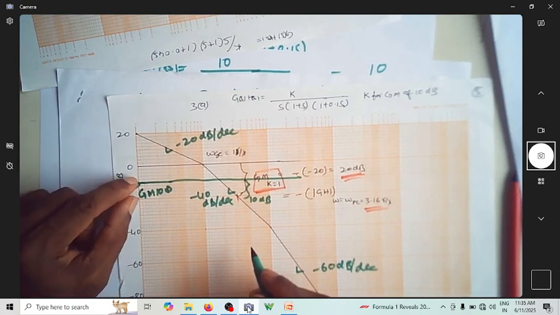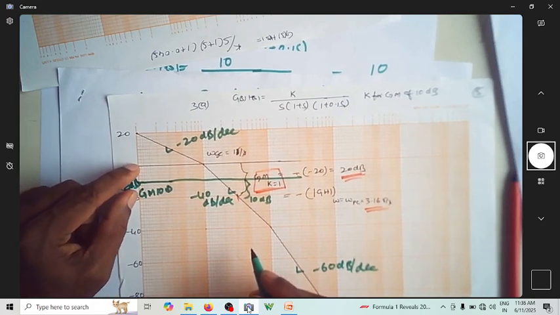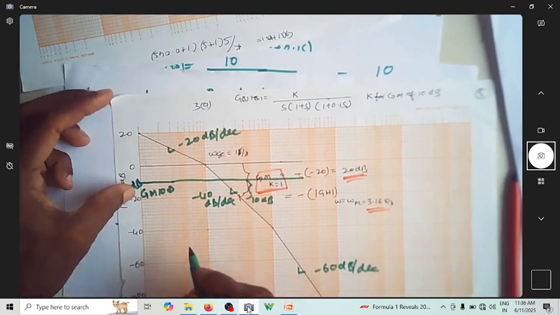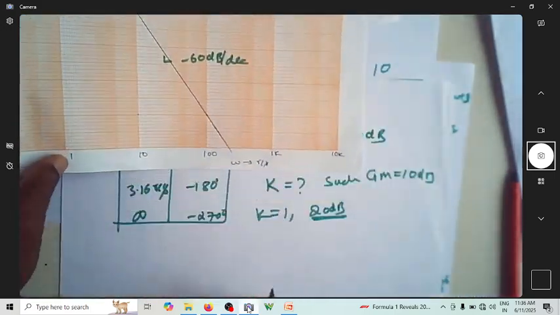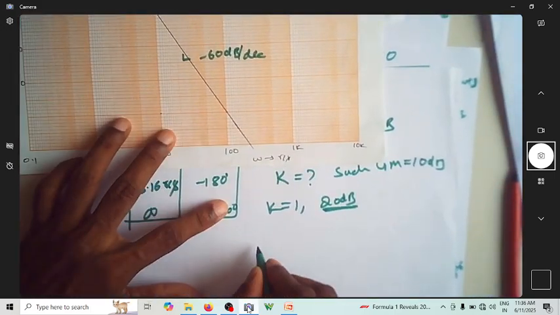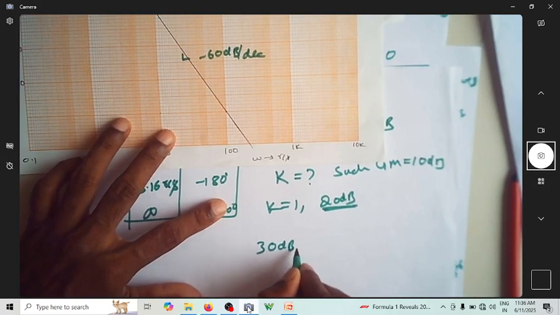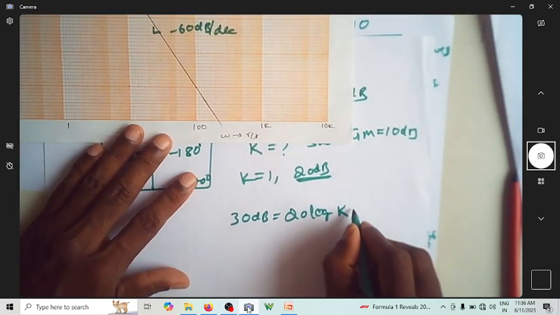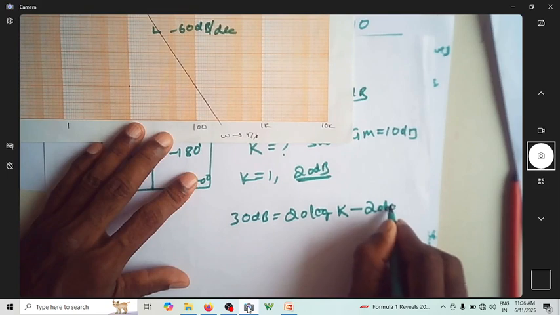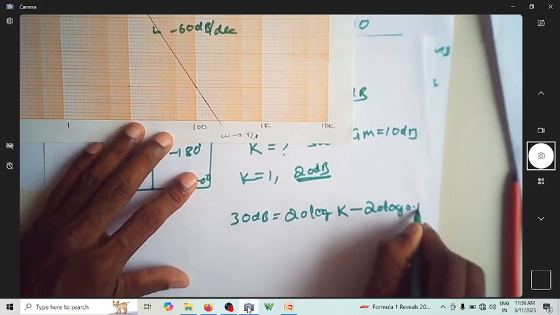So by how much has this moved? It has moved by 10 dB. So what will happen to this magnitude? This magnitude will become 30 dB. Now can I write the magnitude at the origin? It is 30 dB equals 20 log A minus 20 log 0.1.